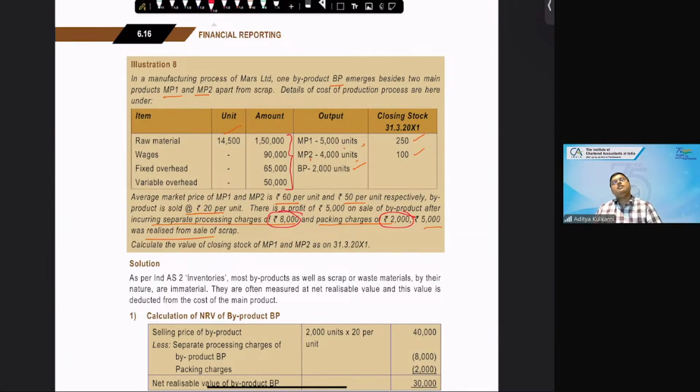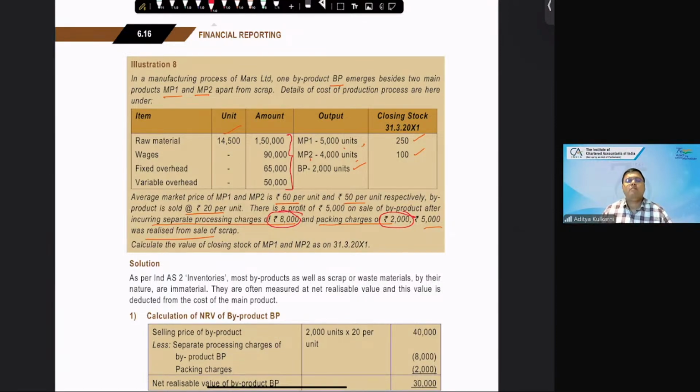Not necessarily. See, when they have given this question, the first line, what is the meaning of that is, you are intending to manufacture MP1 and MP2. A byproduct emerges, meaning it was not your intention to make it. That is the intention of this. It in no way points out to the fact that the byproduct is material. Scrap comes out, but scrap cannot be equated to a byproduct.